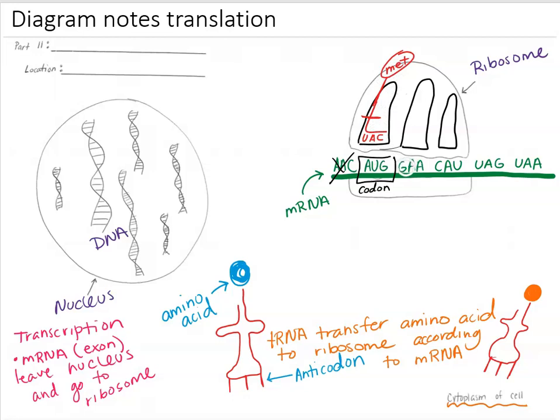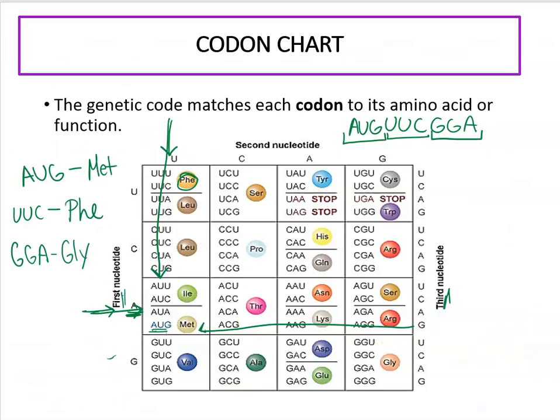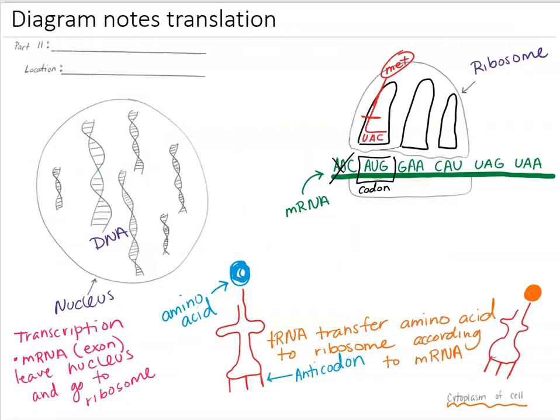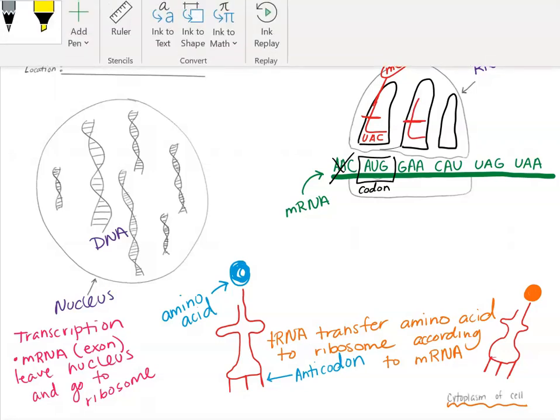Our next codon that the ribosome will read is GAA. So let's look. GAA is glue. So that is our next amino acid. So the tRNA coming in is going to be carrying the amino acid, and I'll pick a different color for this amino acid, glue.